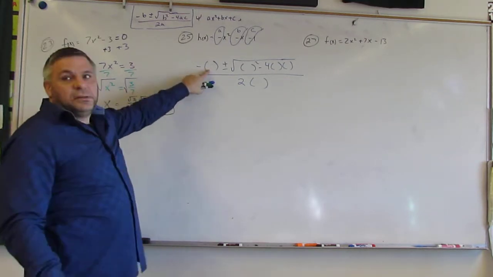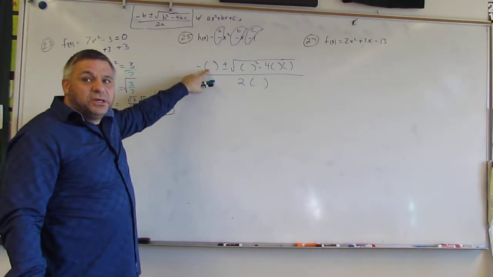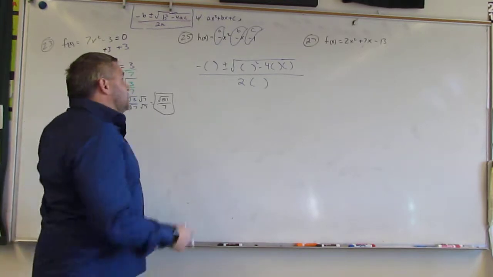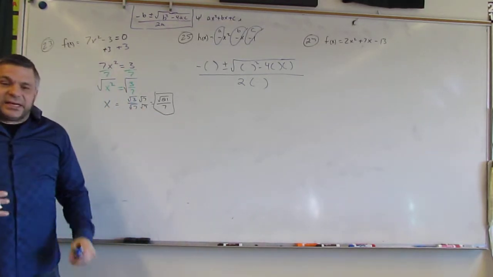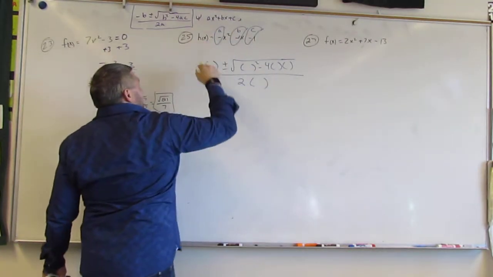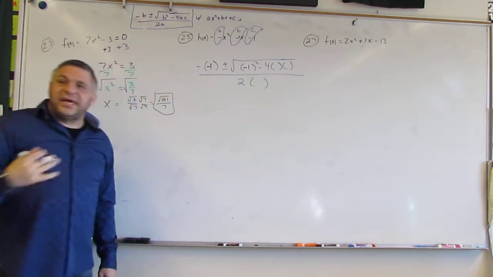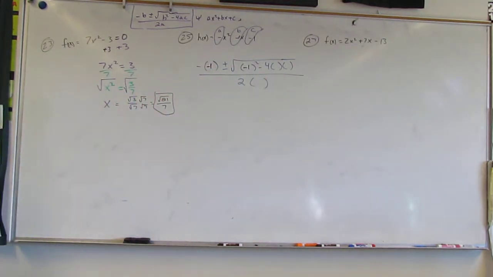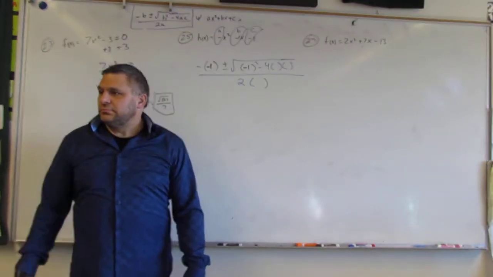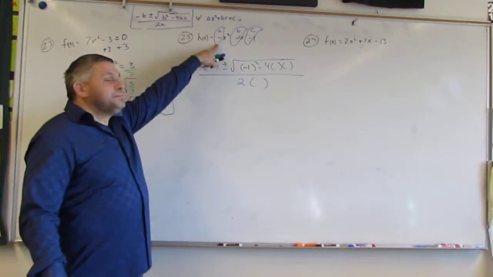What's B? Minus what? Minus 1. Perfect. So it's going to be minus 1. That's your B. What's A?